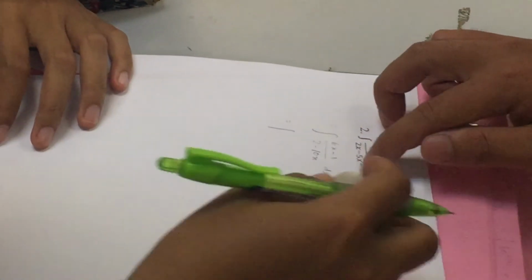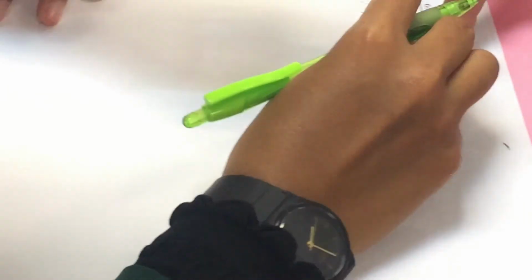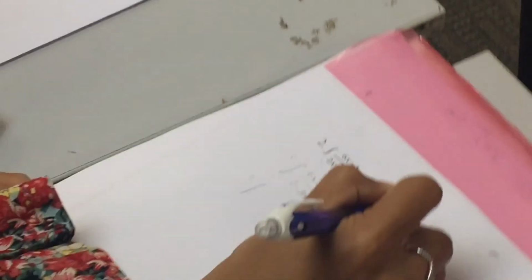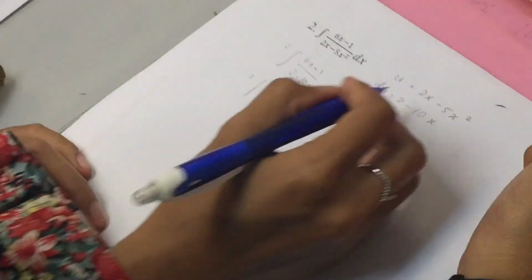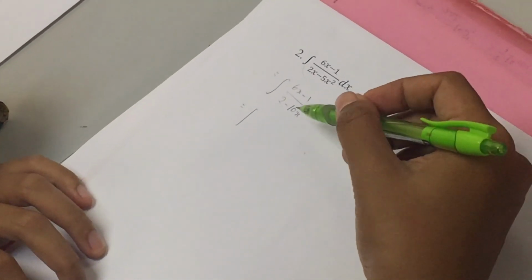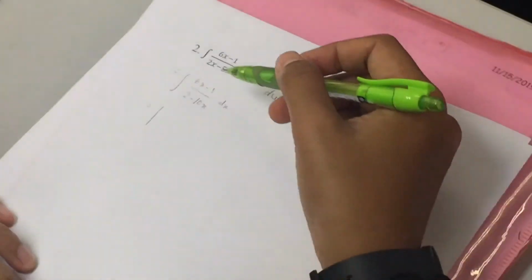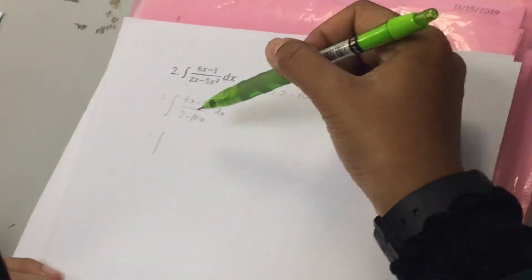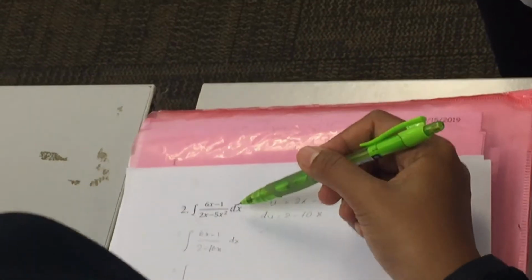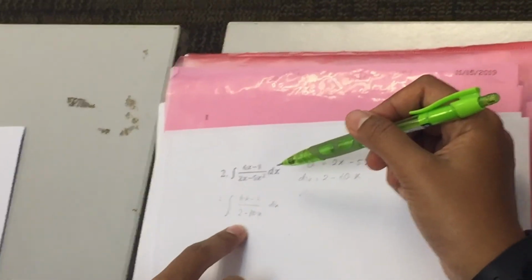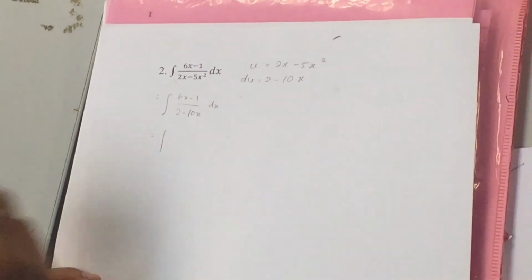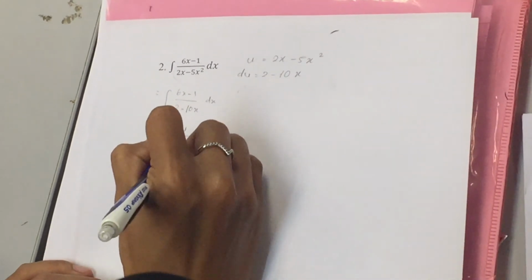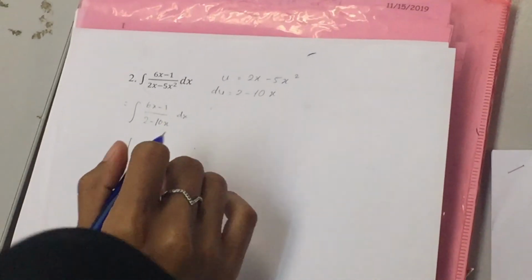U is this, and the du is the differential one. Oh, this one du. Okay. So the next step is u over du. Is this correct? No.